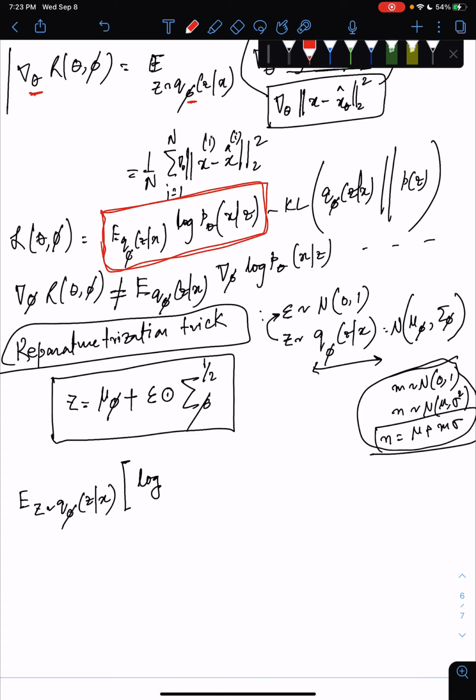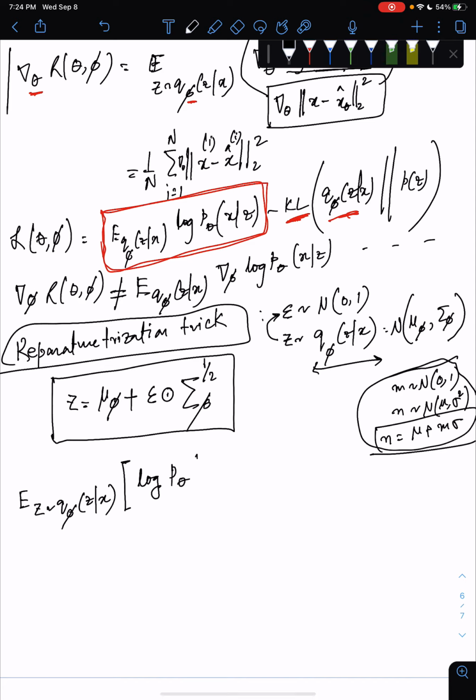You also have to remember that this KL divergence is also an expectation with respect to this distribution. So here is a bit of a trick that we have to follow, this reparameterization trick. So let's see how we can do that.